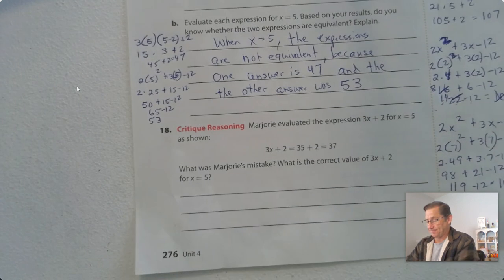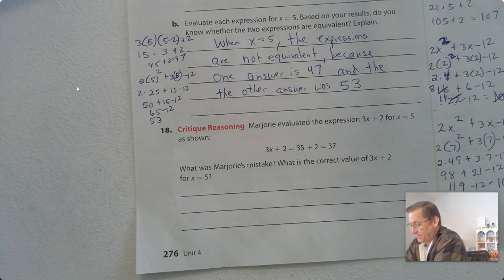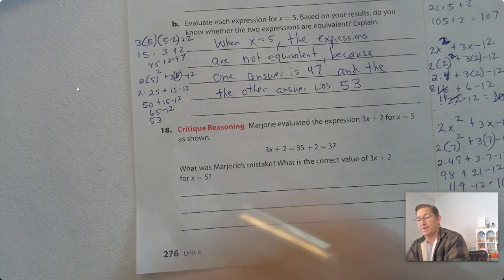All right, 18. Marjorie evaluated the expression 3x plus 2 for x equals 5 as shown. 3 times x plus 2 equals 35 plus 2 equals 37. What was Marjorie's mistake?